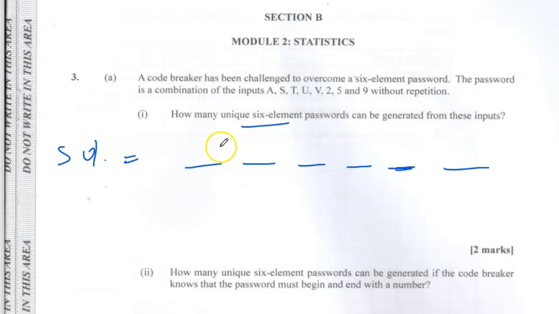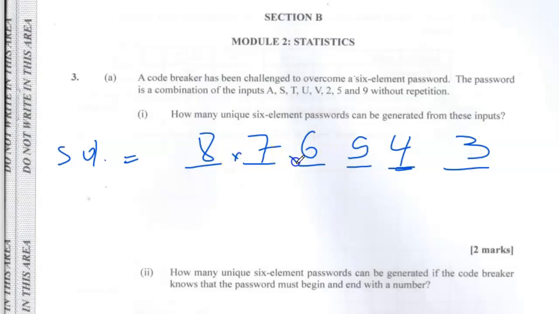So in the first slot, any of these 8 characters can be there. And if I put a character in the first position, I'm left now with 7 options. So in the second slot, any of 7, and then I'm left with 6 characters, and so on, 5 for the 4th, 4 for the 5th, and 3.